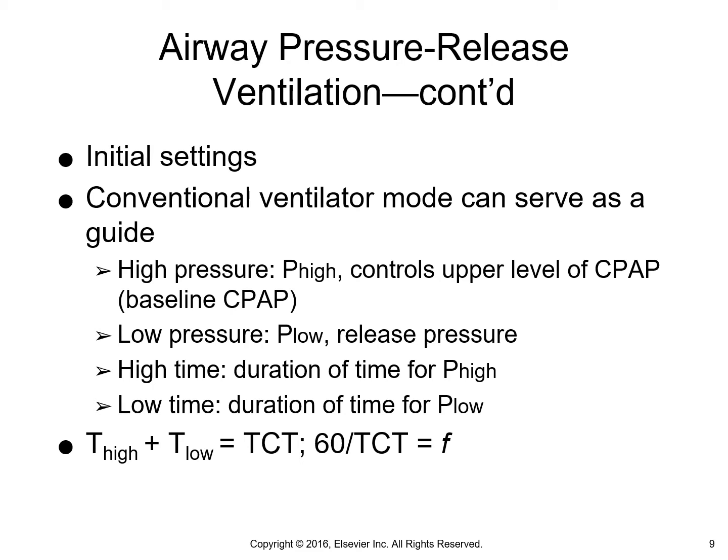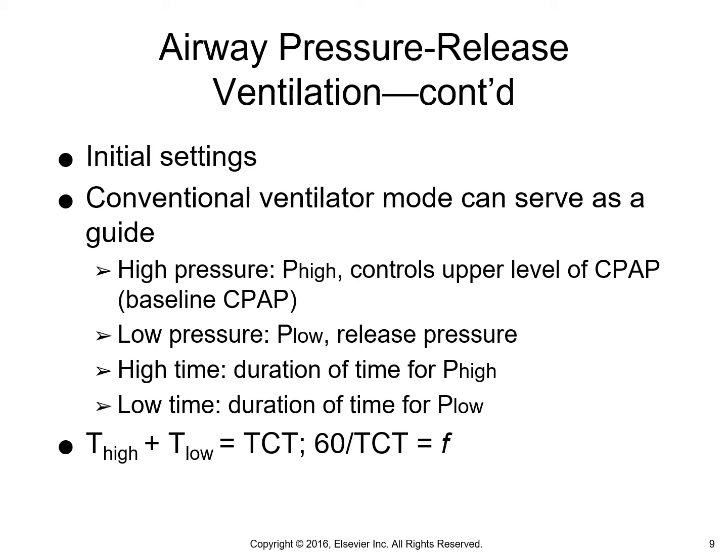Then your P low, that is your release pressure. Ideally, if they can have that at 0, that would be great, because this allows for unimpeded gas flow and a rapid drop in pressure. So they like to try to have the P low at 0. Remembering that the delta P, or the P high minus P low, the greater the gradient, the more rapid the expiratory flow, and the higher the tidal volume.